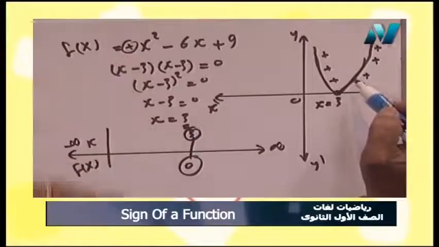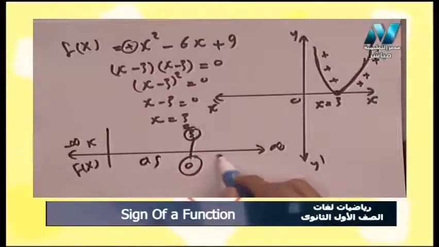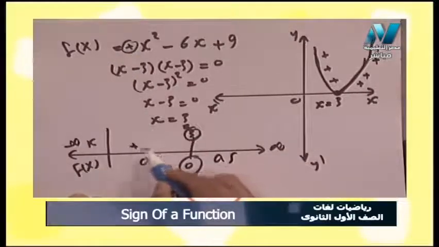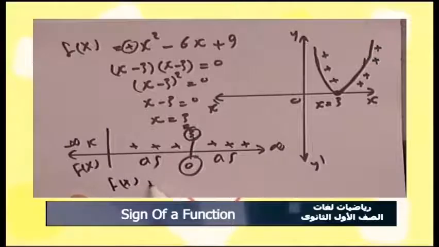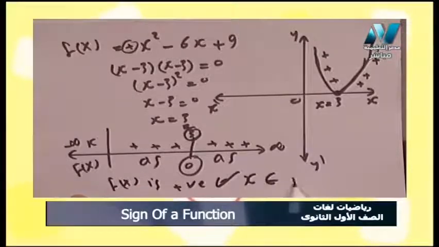So it is positive here and positive here. So the function is positive for all x belongs to R except one element only, which is 3, and it equals 0 just at x equals 3.